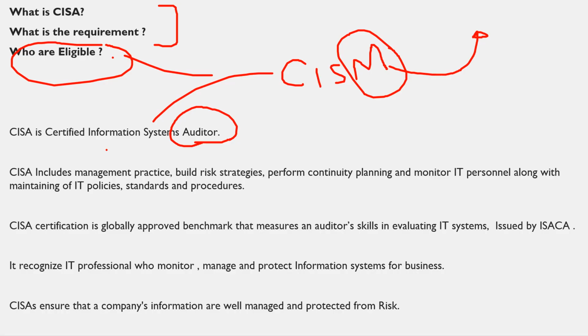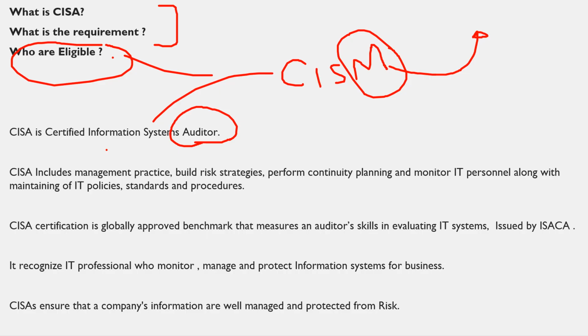So the next question is what CISA includes. CISA includes management practice, it builds risk strategies, it performs continuity planning and monitors IT personnel along with maintaining IT policies, standards and procedures.